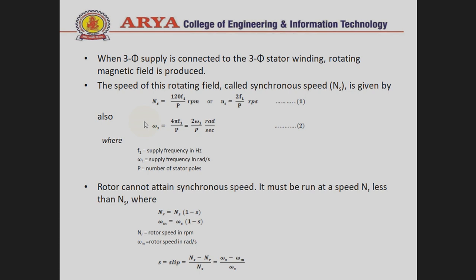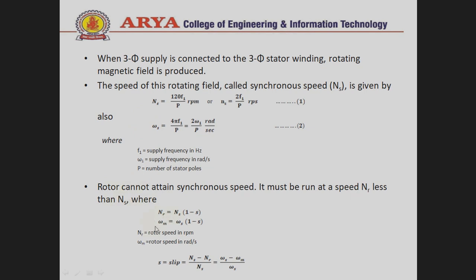Now, the rotor cannot attain synchronous speed. It must run at a speed Nr less than Ns, where Nr is the rotor speed and Ns is the rotating field speed.